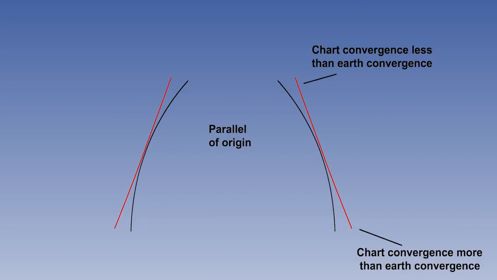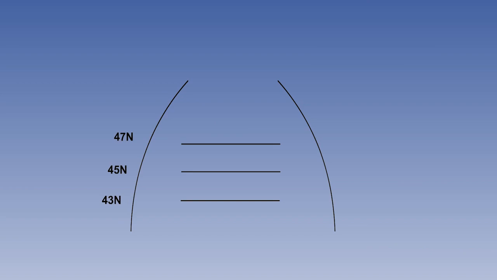The meridians straighten out. The projection causes the curved meridians to move outwards. What effect will this have on the great circle straight lines? The great circles will curve outwards as the meridians straighten. It looks like this.